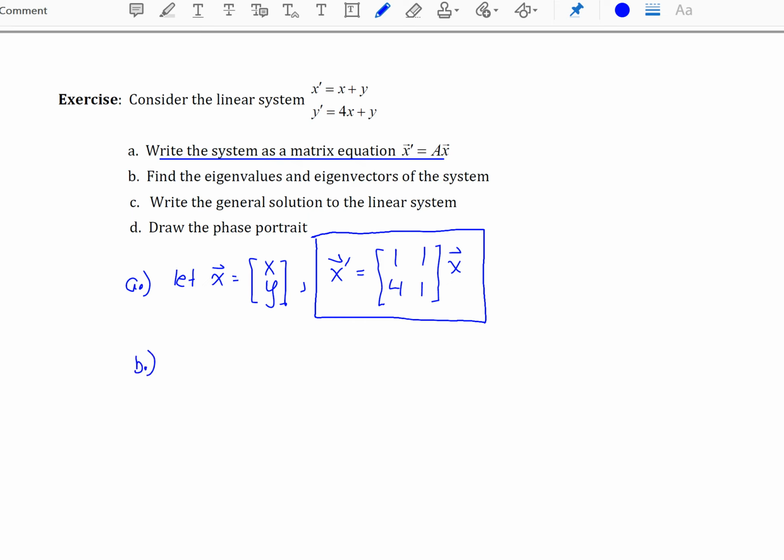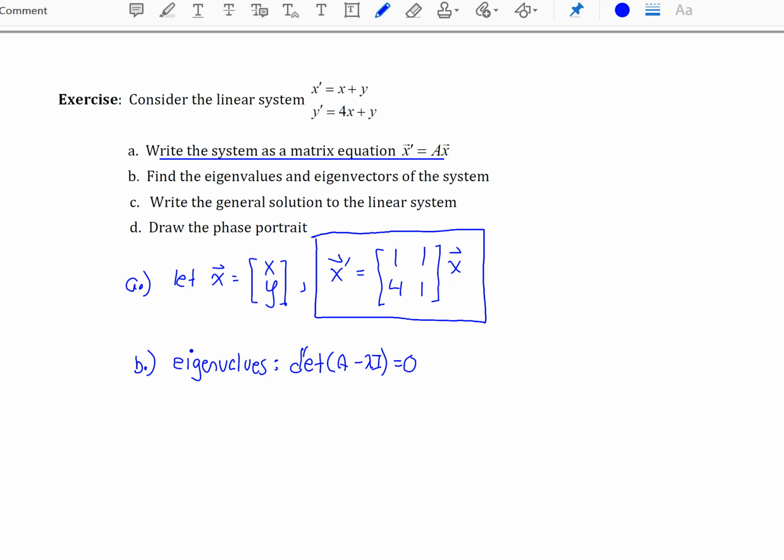Now let's find our eigenvalues and eigenvectors. Recall we find our eigenvalues by looking at the determinant of A minus lambda I equals 0.